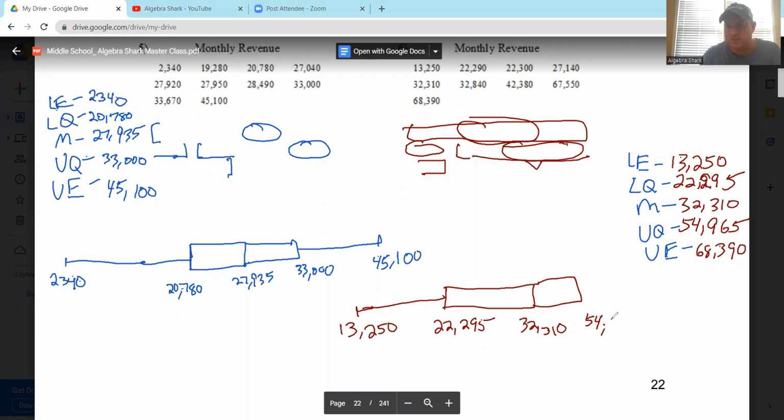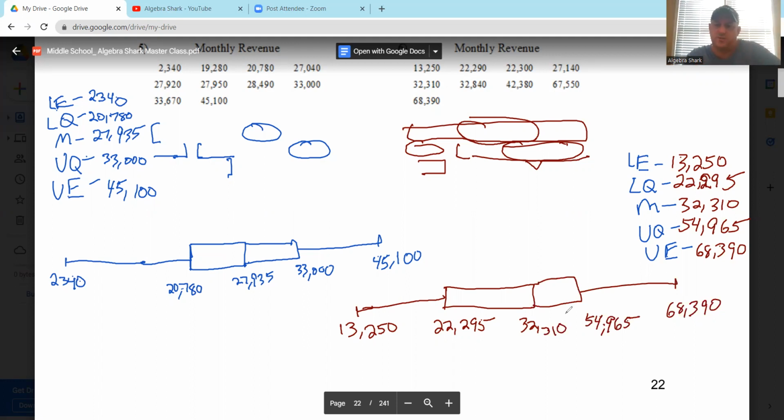This is obviously not to scale the way we're drawing it. We're just understanding the components today. And then your whisker is going to be 68,390. Okay. So if we had a number line and we put this on a number line, the spread of it would look different. Okay. We just did it by hand to get used to the components.